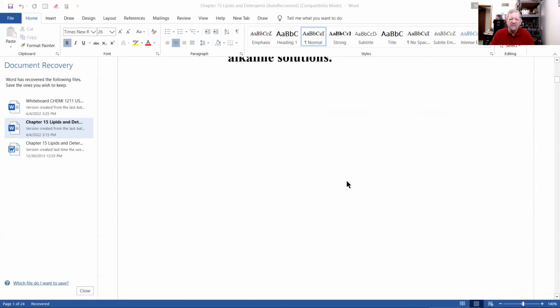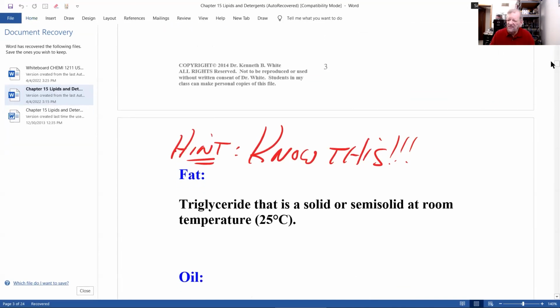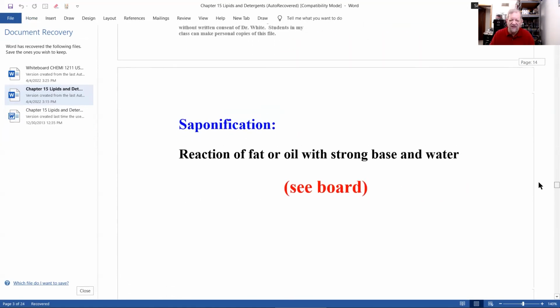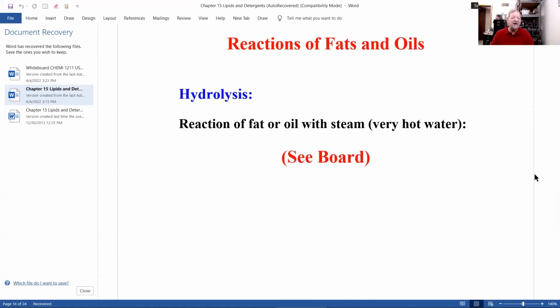Well, if we look at... let me get to where we were going. In order to increase the hydrolysis without using acid or base, I can use very hot water.